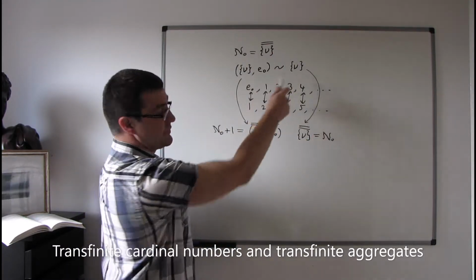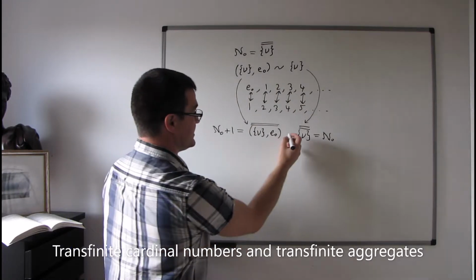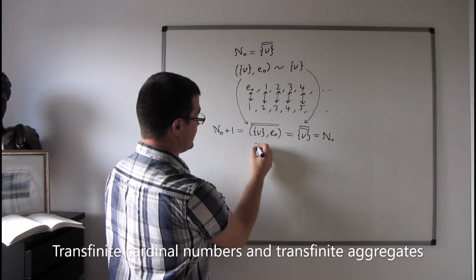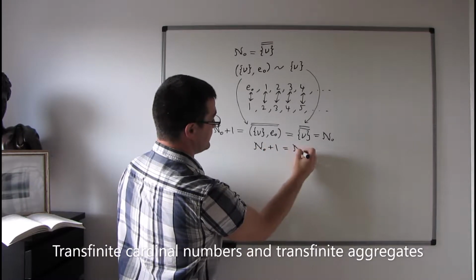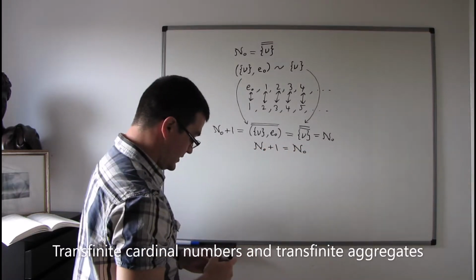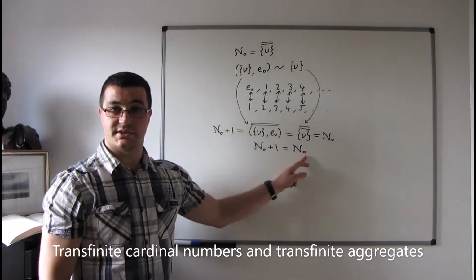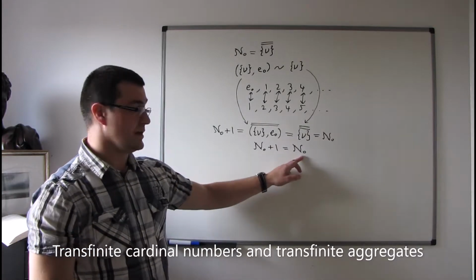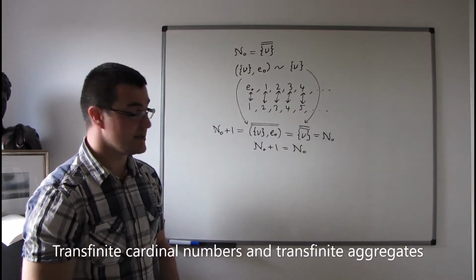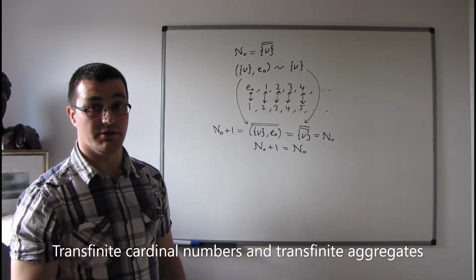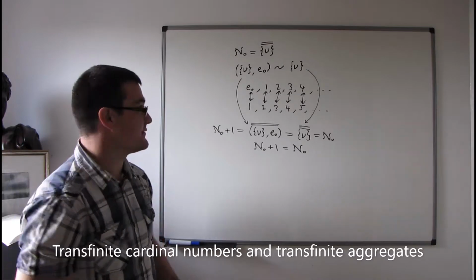But because they're equivalent aggregates, then these must actually be equal. In other words, we get Aleph naught plus 1 is equal to Aleph naught. And it's this that shows that Aleph naught is indeed not a finite cardinal, and therefore one of these types of cardinal number that we classify as a transfinite cardinal.